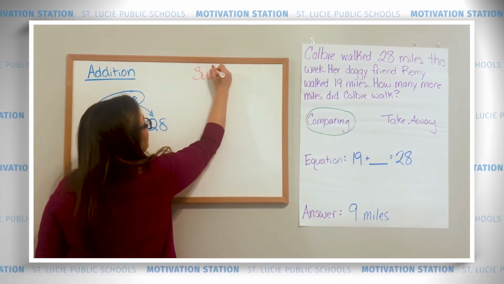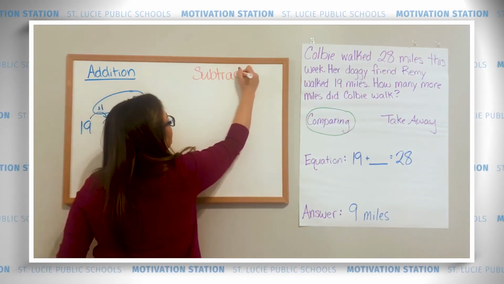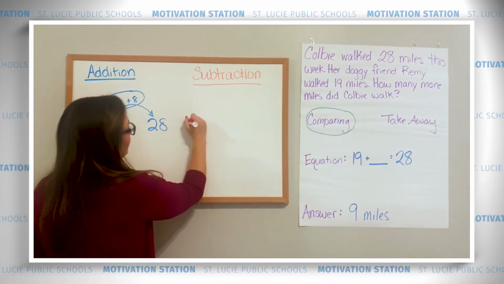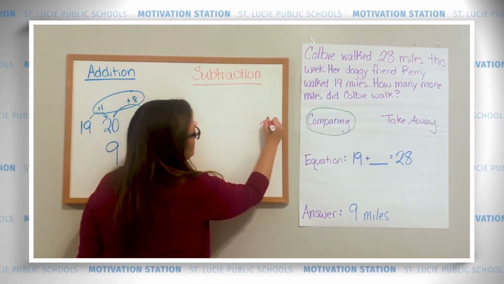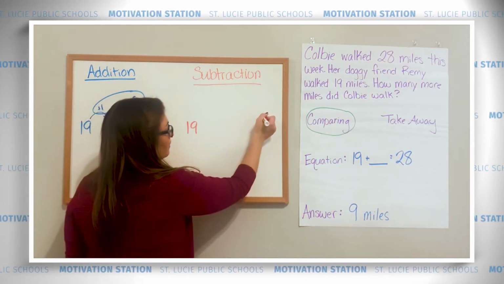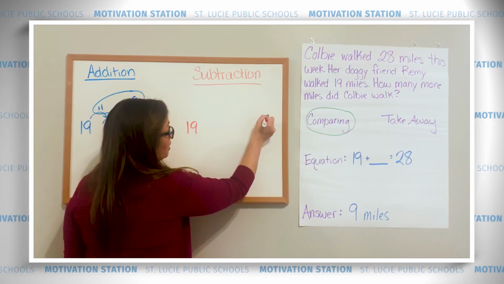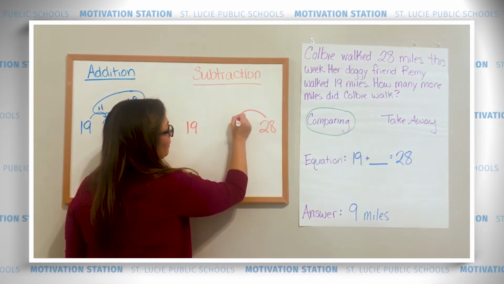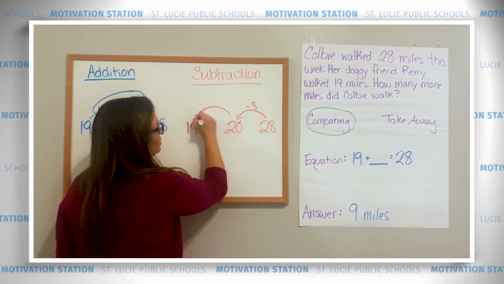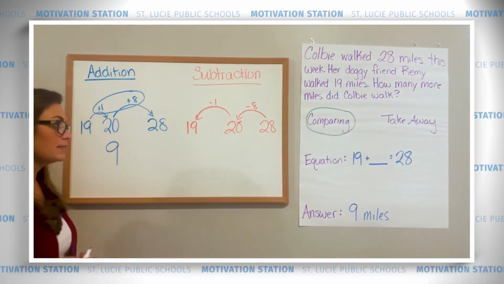Subtraction, we start the exact same way. We start with our 19 on one side and our 28 on the other. I need to make some jumps. My first jump, I think I'm going to go -8, because that'll get me to 20. And my second jump, -1, will get me to 19.